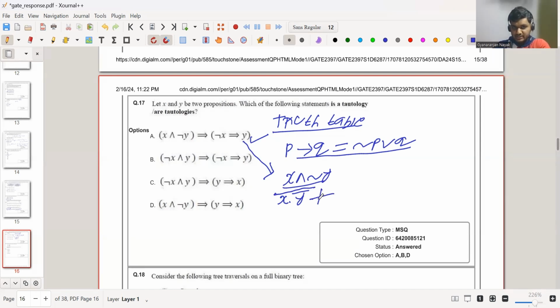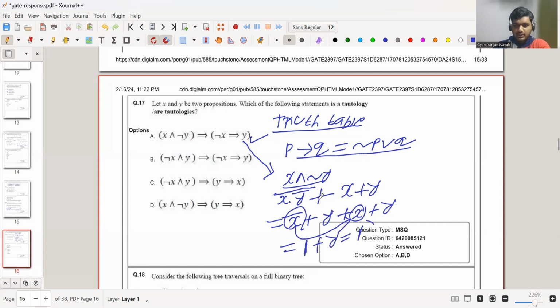So negation X implies Y, that is X plus Y. So here X dot Y complement, whole complement, it is X complement plus Y complement complement, that is Y, plus X plus Y. So here you notice X plus X complement is always 1. So 1 plus Y equals 1. So that means it is always a tautology.